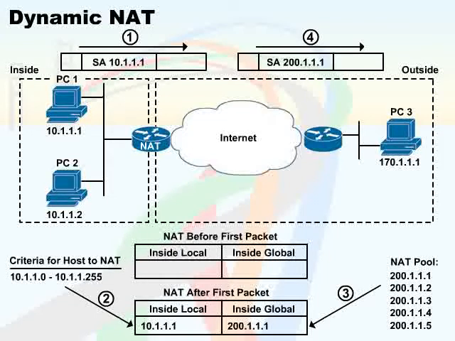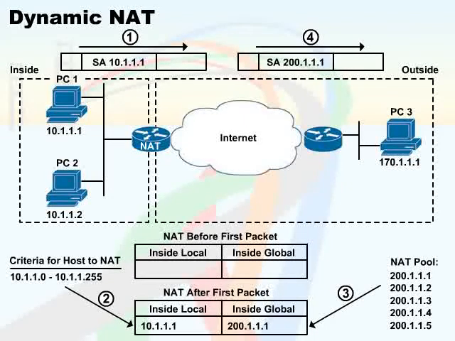An example of this matching criteria is inside local addresses starting with 10.1.1 will translate to inside global addresses of 200.1.1.1 through 200.1.1.5. Suppose PC1 with IP address 10.1.1.1 sends a packet to PC3 at 170.1.1.1.